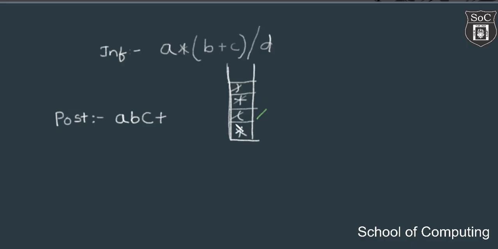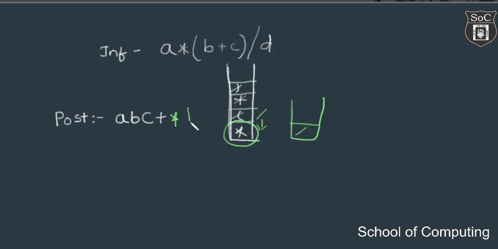So I need to pop out this star. Star will be written here. Then slash can come into the stack. So the current position is that star was popped and slash entered here.